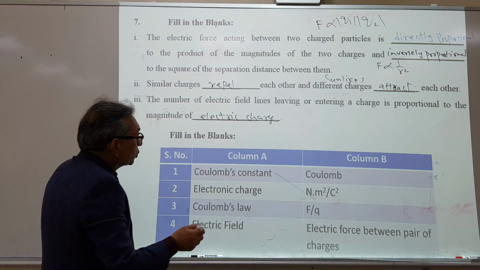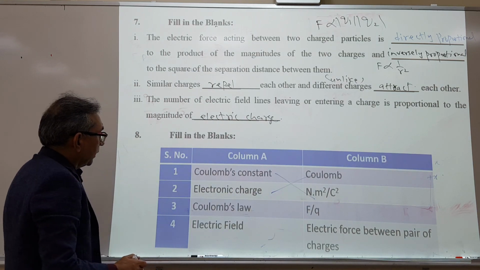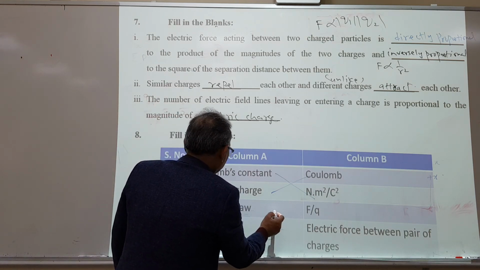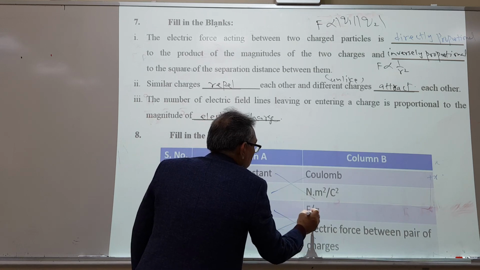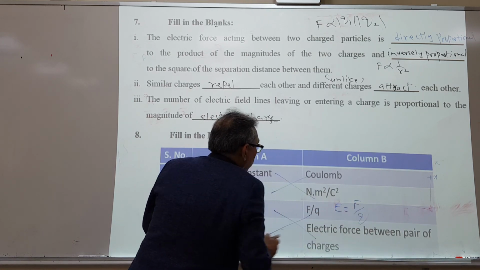The unit of electric charge is Coulomb. Coulomb's law gives the electric force between a pair of charges, and the electric field is equal to the force on a charge.